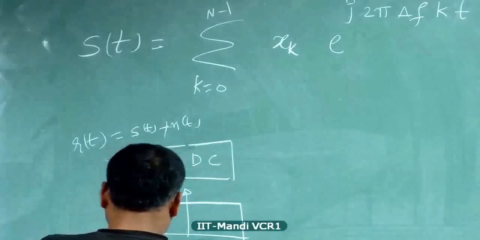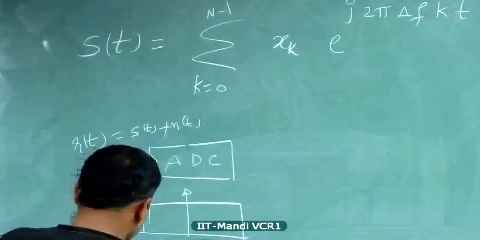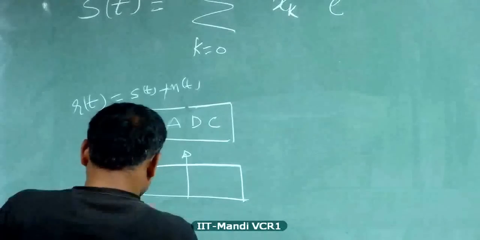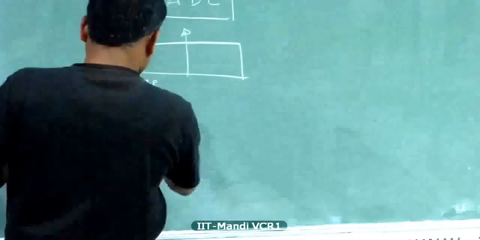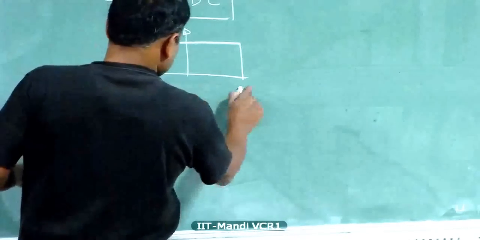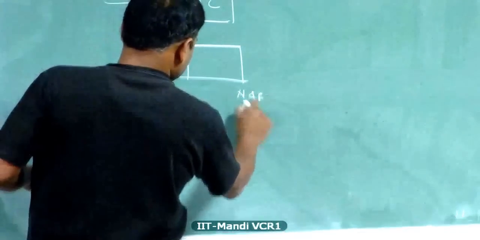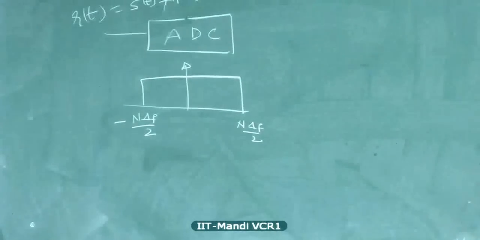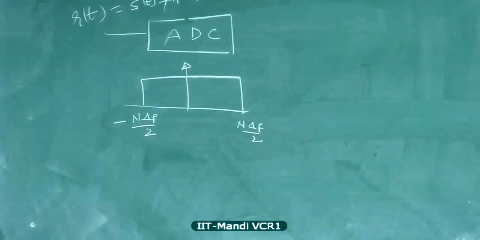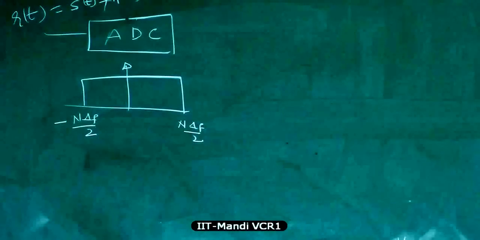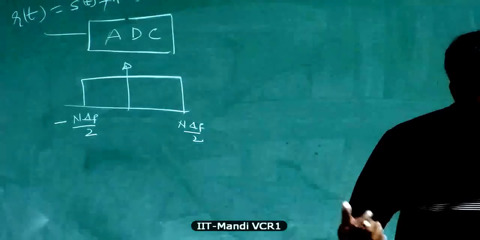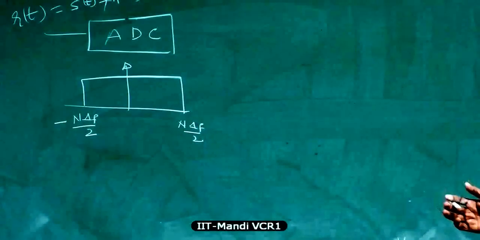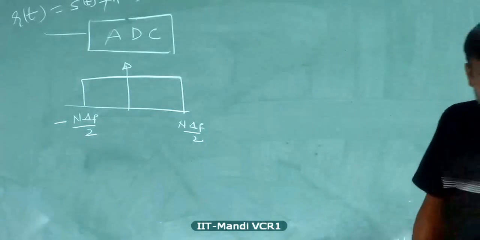Okay, and we're going to limit this to a band of width N times delta f. What is N times delta f? This is a bandwidth. Okay. Well, like I said in the previous lecture, the notion of bandwidth is a bit iffy here. This is not a band limited signal, so we'll see how to handle it.